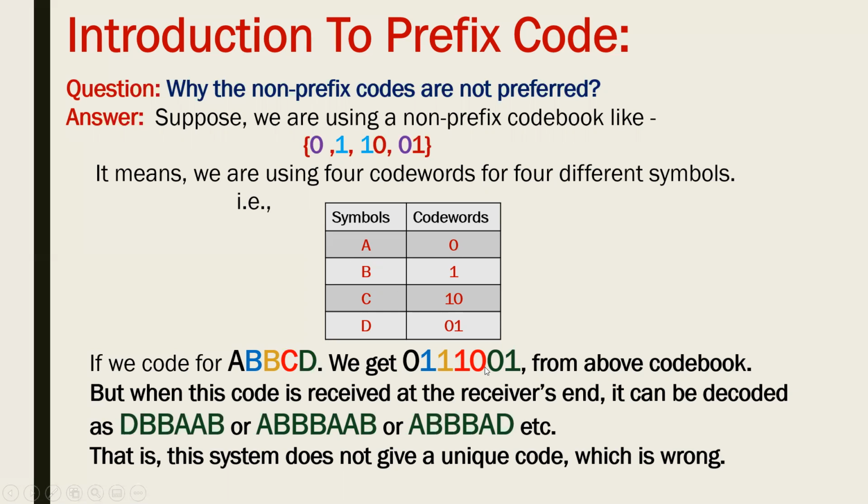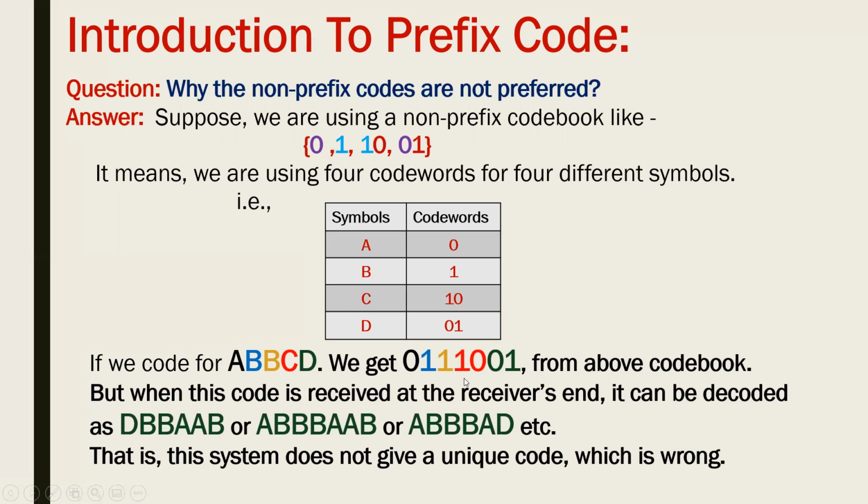So the receiver is confused: either we consider these two zeros as two A's, or 001 is replaced with 0 as A and 01 as D. So there is a confusion. We can decode it into many different characters.